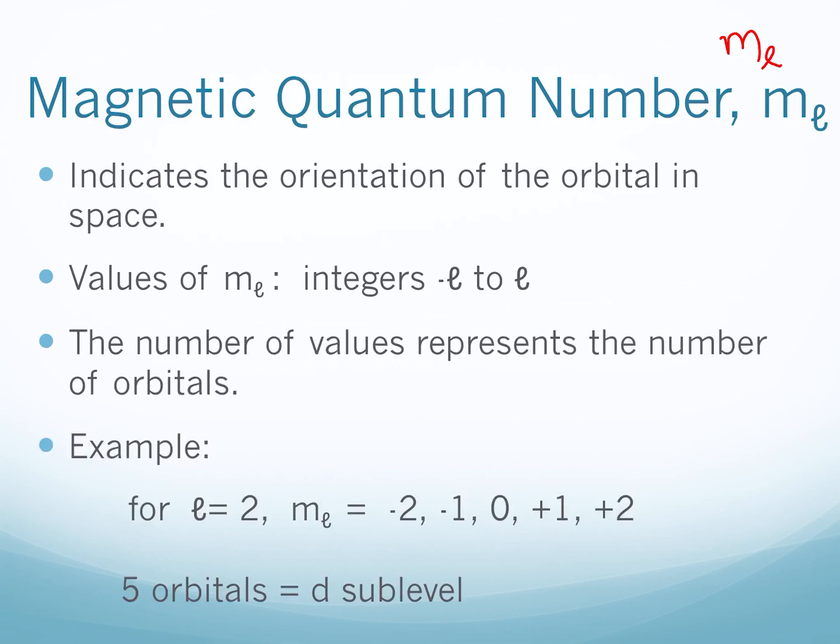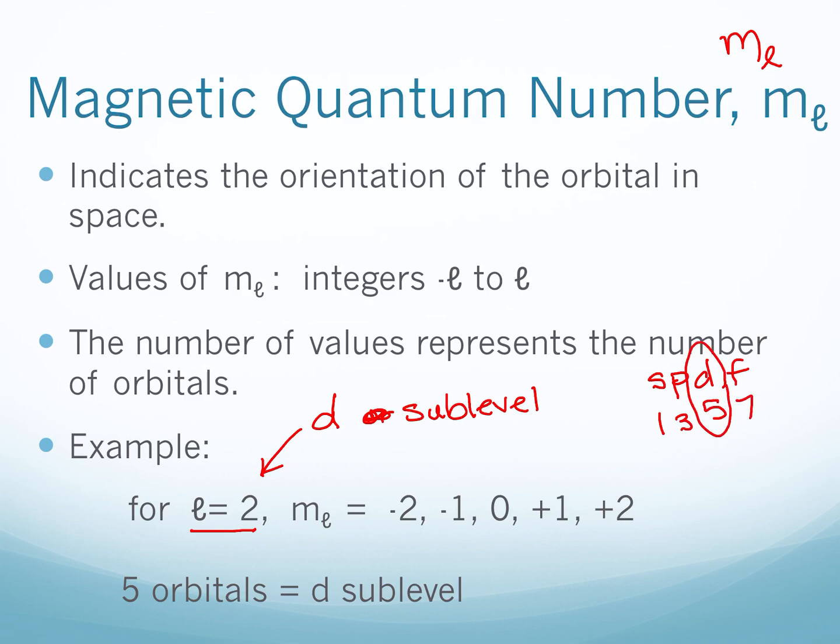So here's an example. If we were going to say l equals 2, that represents a d sublevel. If we think about SPDF, SPDF is odd, 1, 3, 5, 7. So we know there are 5 d orbitals. So this was l equals 2, and that corresponds to d.